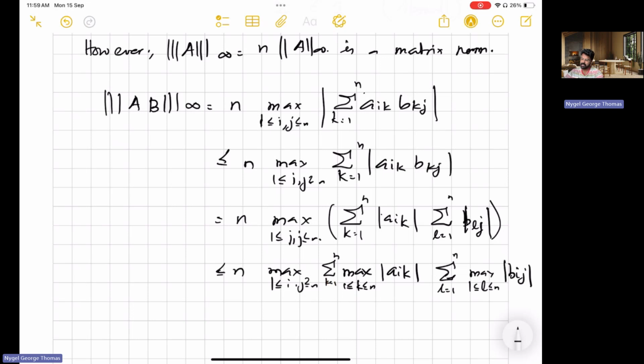This is less than or equal to because we have a vector like this, let's say a1, a2, etc., an, and we have a max value. Let's say a_k is the max value. We are taking the modulus and adding them all together.